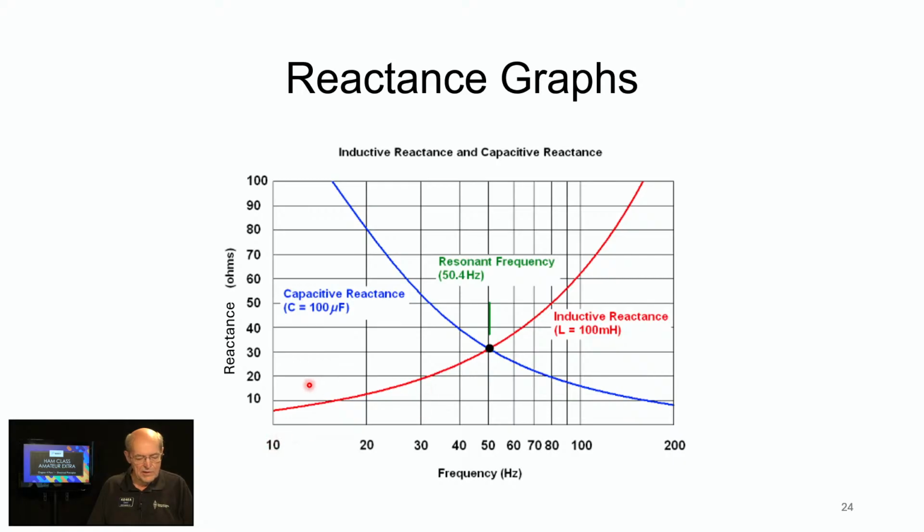At some point, the capacitive reactance graph will intersect with the inductive reactance graph and meet at a point called a resonant frequency. We're going to be getting into resonant frequency first thing next week. So in this particular case, the combination of these two parts will give us a resonant frequency of around 50 hertz. So something very magic happens when you combine these components.